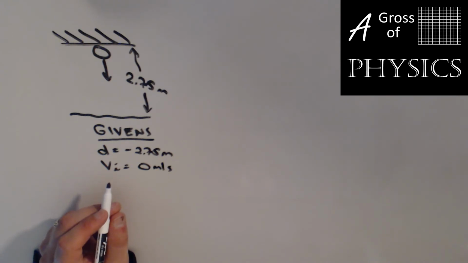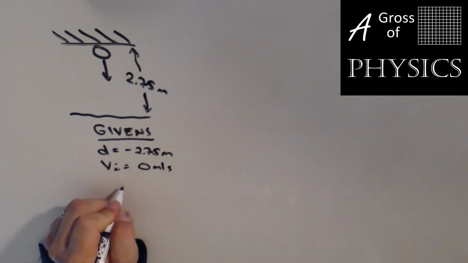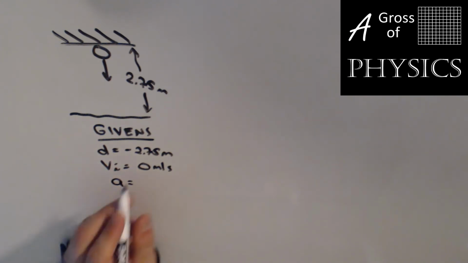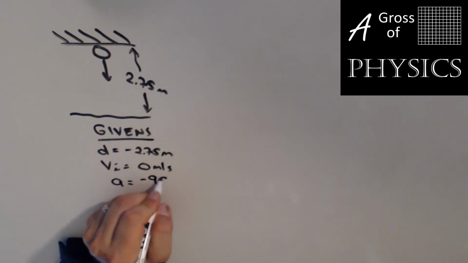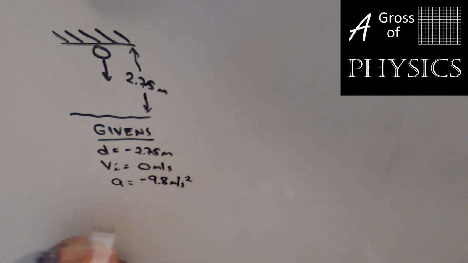Now the other hidden variable deals with gravity. And we have to remember that the gravitational acceleration on the Earth is negative 9.8 meters per second squared. What we're looking for is how long it will take to hit the ground, which is our time.